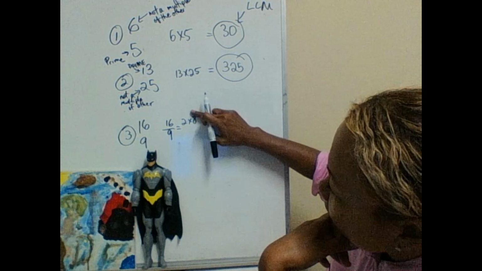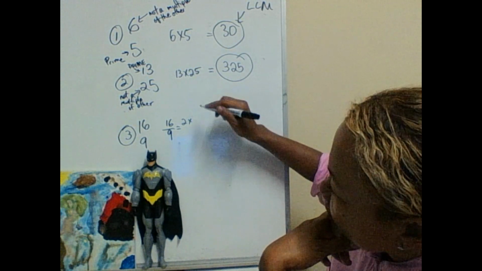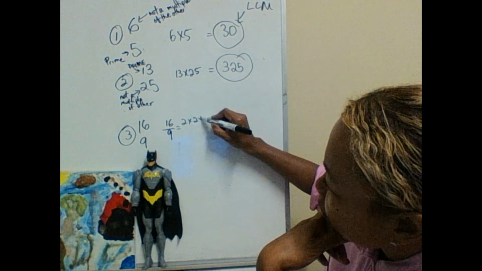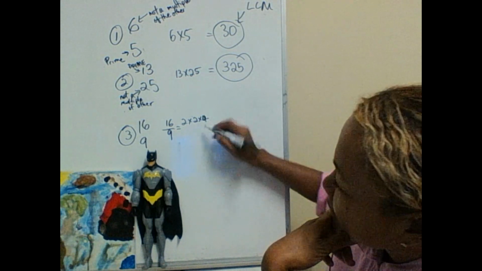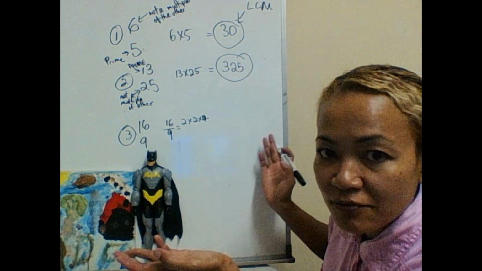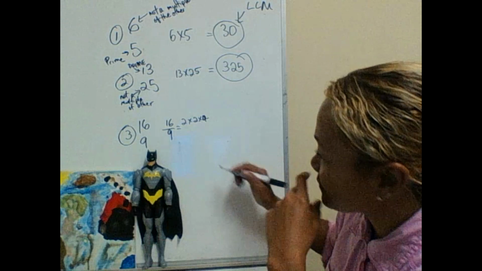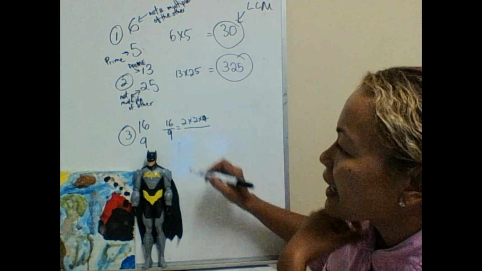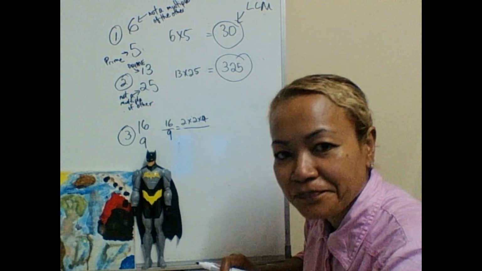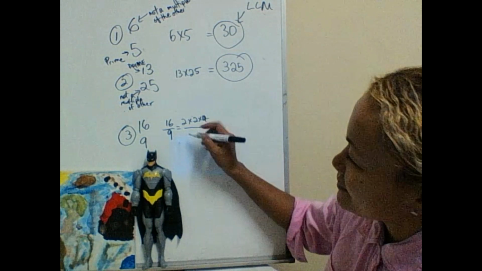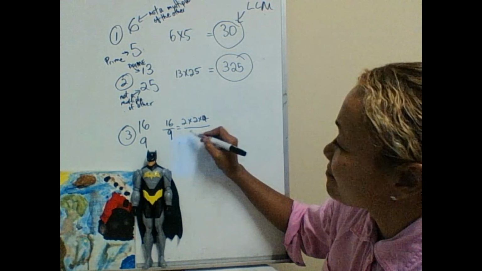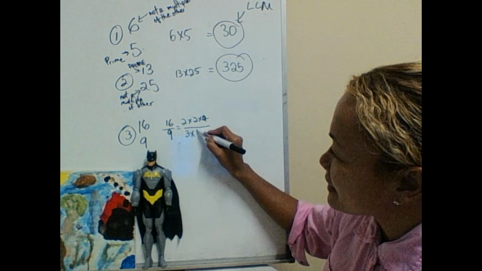And this 8 can be 2 times 4, and 4, of course, you can break down further into another 2 times 2. Okay, so those are options. What about 9? 1 times 9 and 3 times 3.